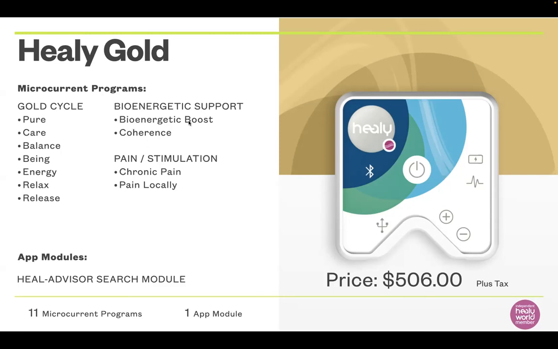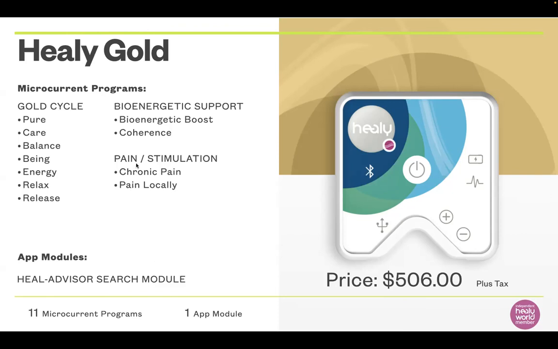Bioenergetic support has bioenergetic boost, which was created during COVID as an immune system booster, and coherence, which just balances everything to get everything in coherence. And then the 2 FDA cleared pain programs. And then the search module, like where I typed in diabetes, and it will basically only return which of these would be most helpful based on your search query.